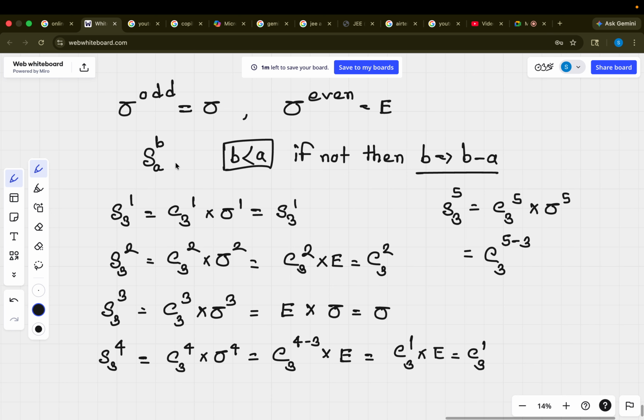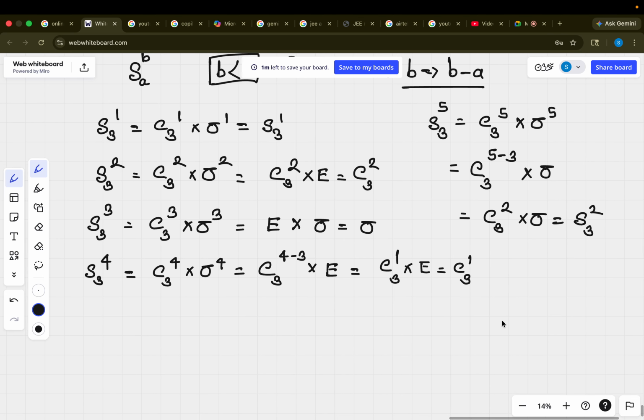But if B becomes greater than A, then you have to do B minus A. So here also I am doing 5 minus 3, and sigma to the power odd means you are getting sigma. So what I am getting is C_3^2 into sigma, and that will be your S_3^2.